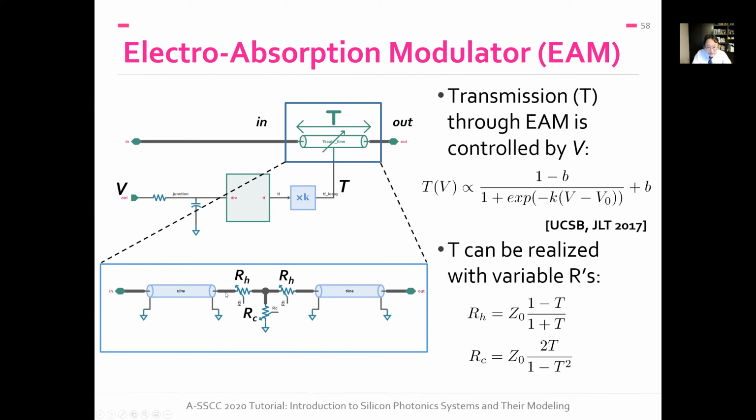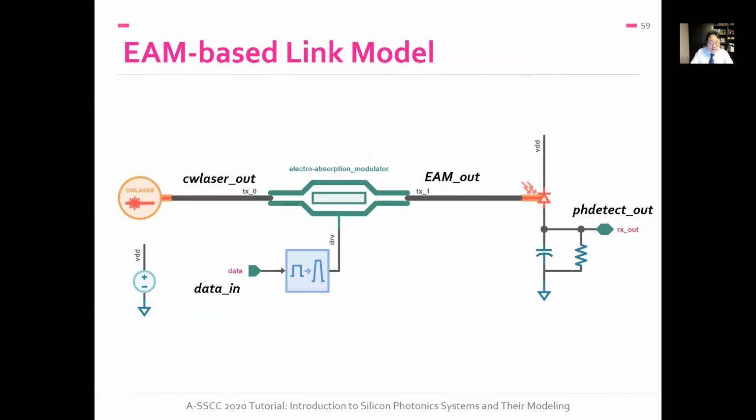This briefly describes how to model them. Here we're basically modeling the absorption with a two-port transmission line with a variable resistor in between. Modeling an electro-absorption modulated link is fairly simple. It's very similar to the other links as well.